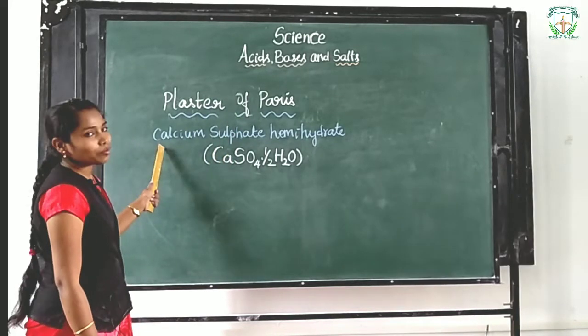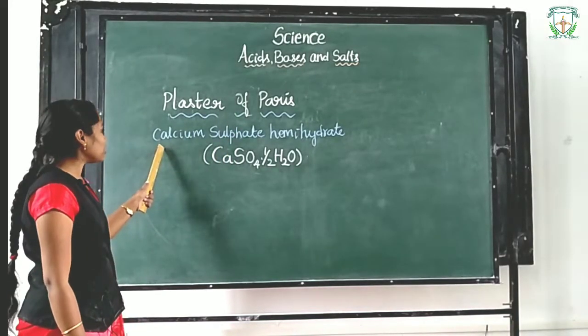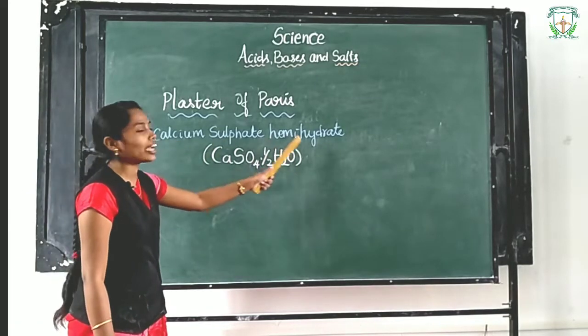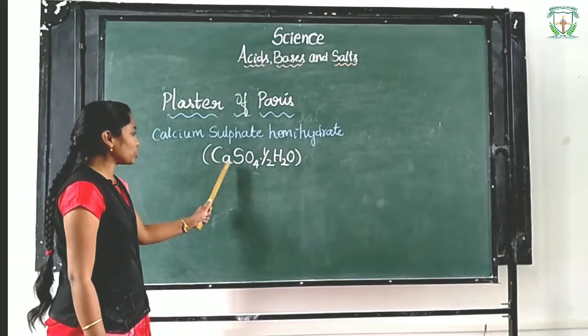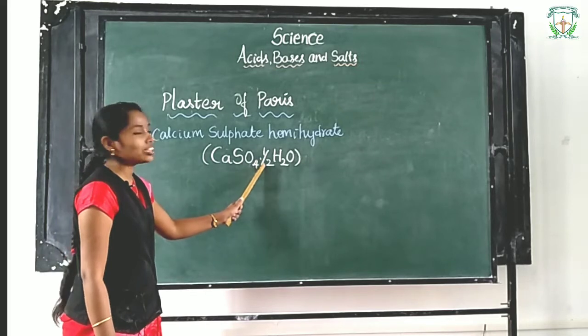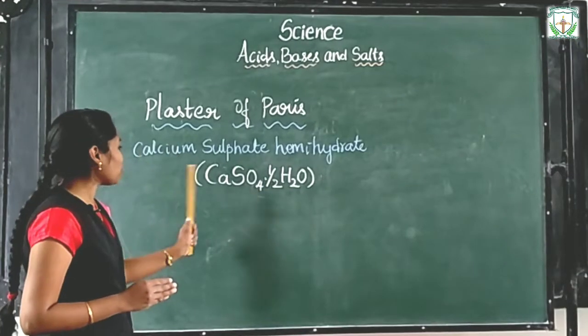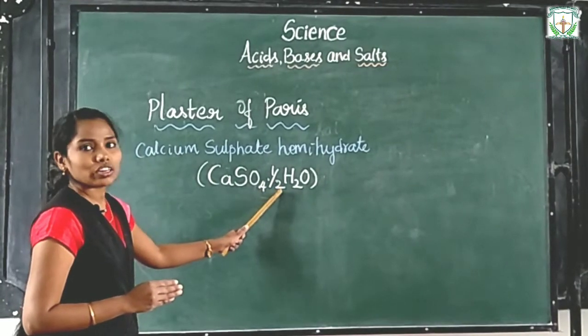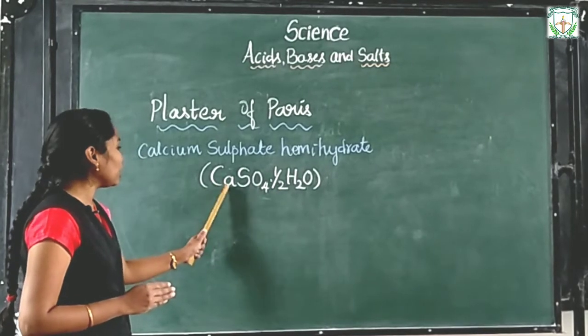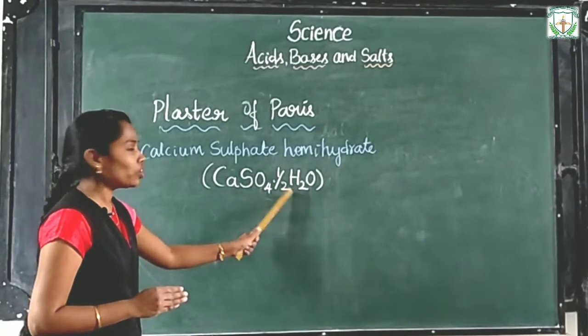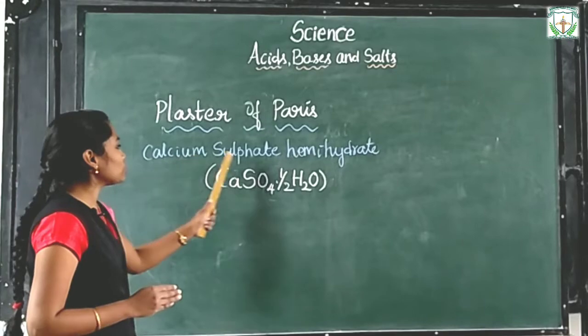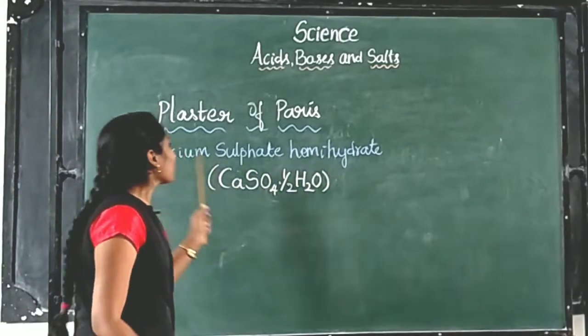The chemical name of plaster of Paris is calcium sulfate hemihydrate. Hemi means half. Plaster of Paris has half a water molecule in it, hence its formula is CaSO4·½H2O, and the chemical name is calcium sulfate hemihydrate.